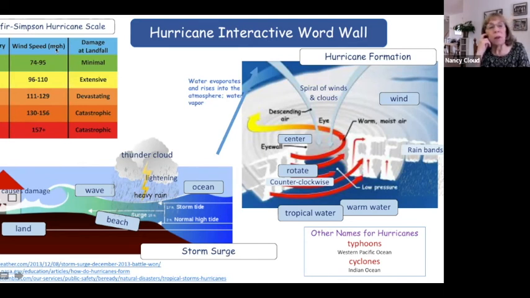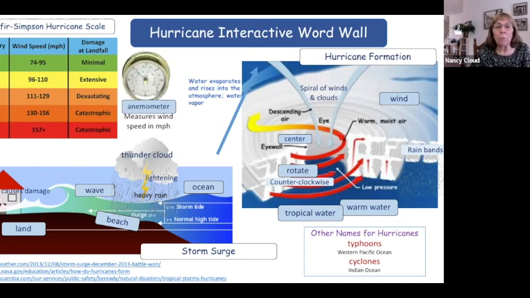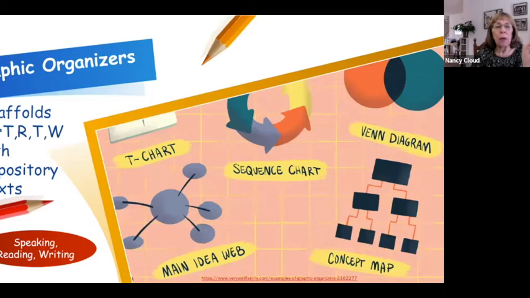Maybe some of my kids know kilometers better than miles per hour, so I have to kind of remind them about that. And also I could teach them instruments that measure wind speed, like the anemometer or a windsock for a very simple measurement. And so all of this would be built as I'm teaching the unit.